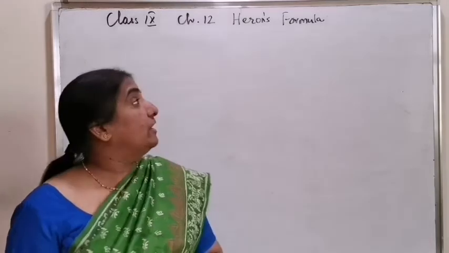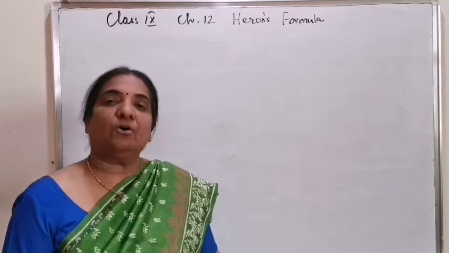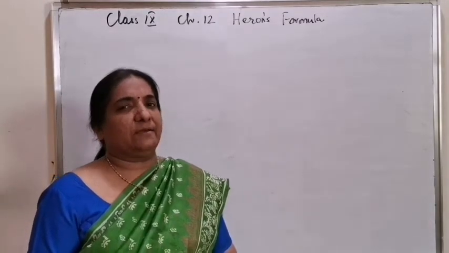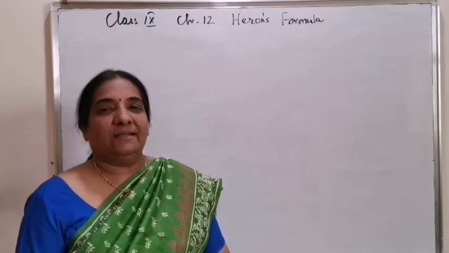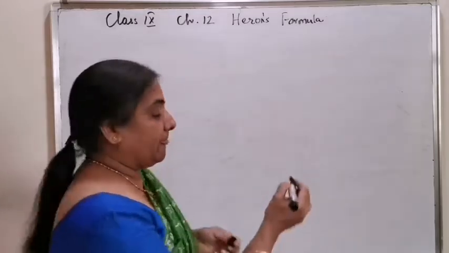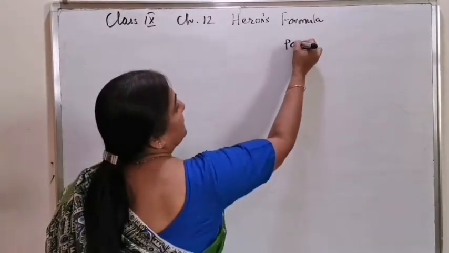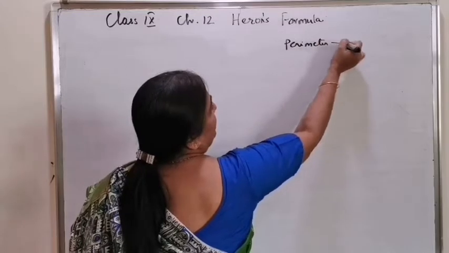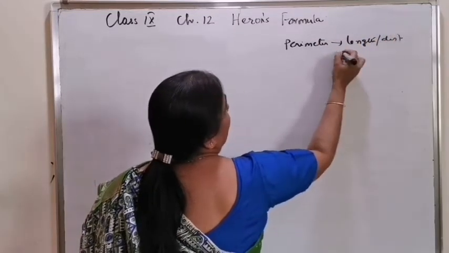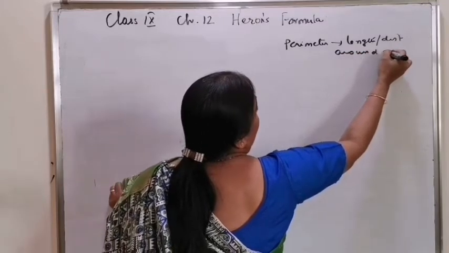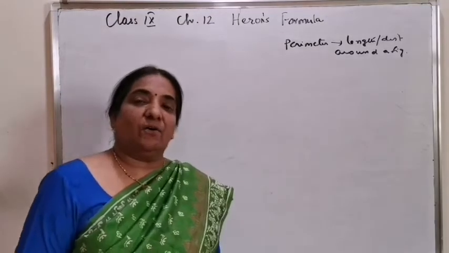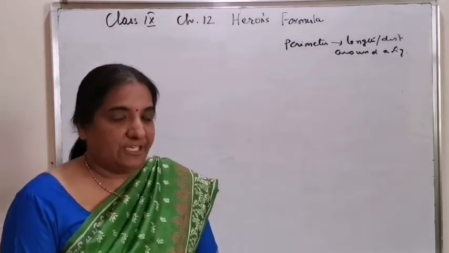Before moving on to Heron's formula, let's take a quick review on the concept of perimeter and area. Perimeter is the length or distance around a figure. That means it can be a rectilinear figure or a curved figure.